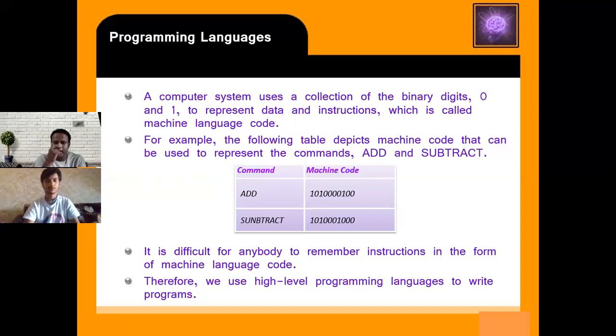For example, if you pass the add symbol, it is represented as 101, then 40, then 10. We simply pass the plus symbol on a keyboard, but the computer converts this plus symbol into 101 40 100. We know the plus symbol is for adding numbers.